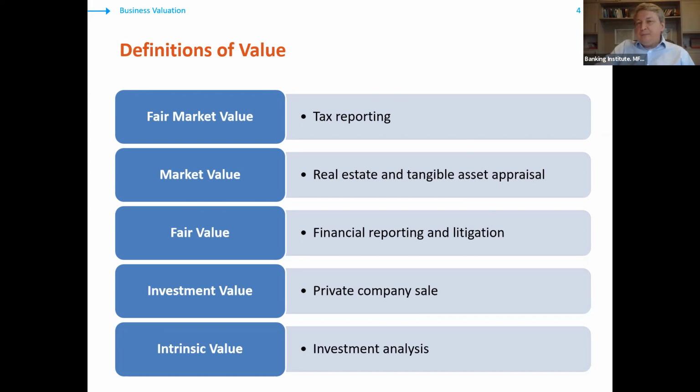In mergers and acquisitions, we can use the term investment value, and that's because the investment value can be very different depending on who is the owner of the company and how this owner can use this company. And you will see in our case that the difference can be huge. And for regular investment analysis, just like with a public company, we use the term intrinsic value. This is just the regular valuation that we do.